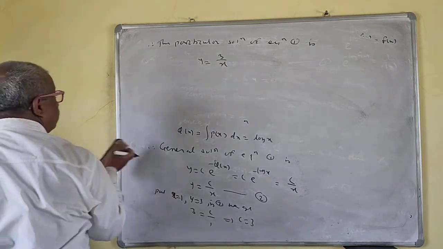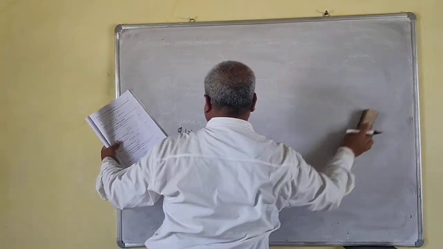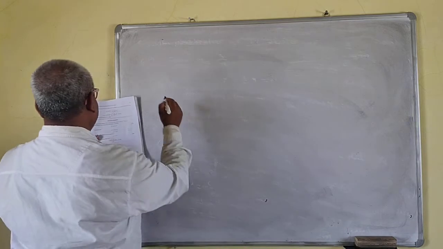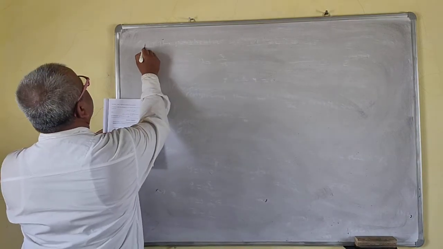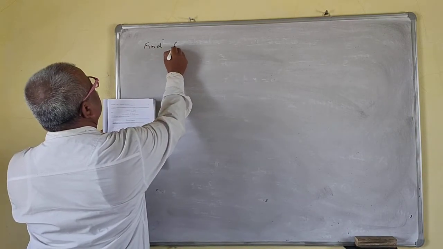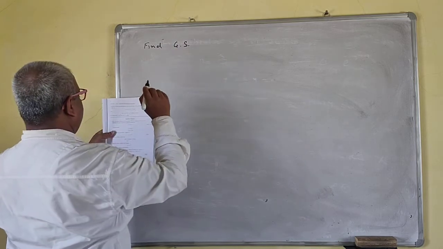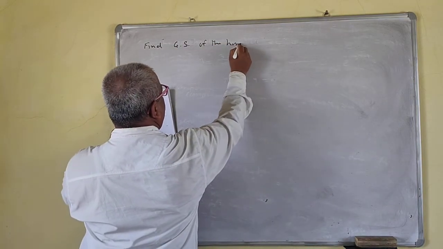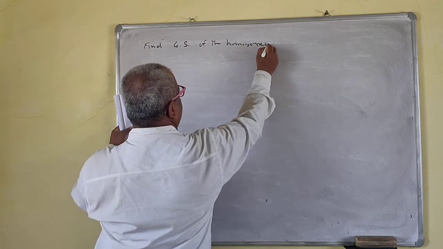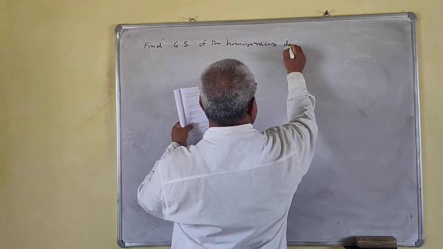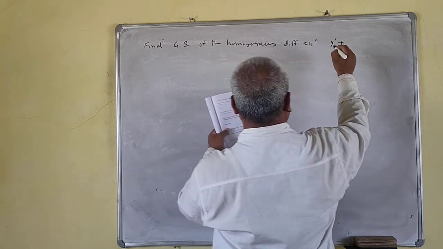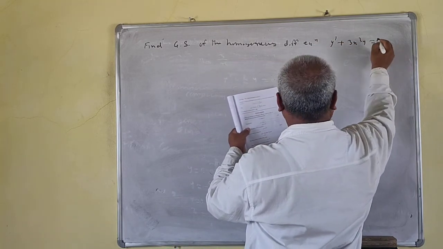Okay, next problem. This is very simple now. Find the general solution, I will just write GS now, of the homogeneous differential equation y prime plus 3x square y is equal to 0.